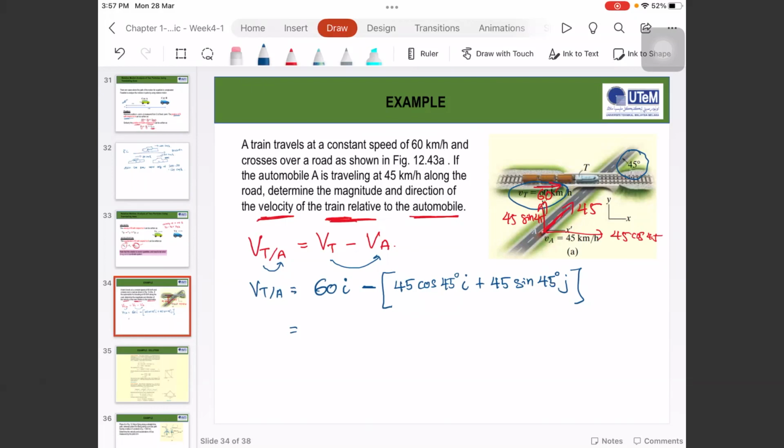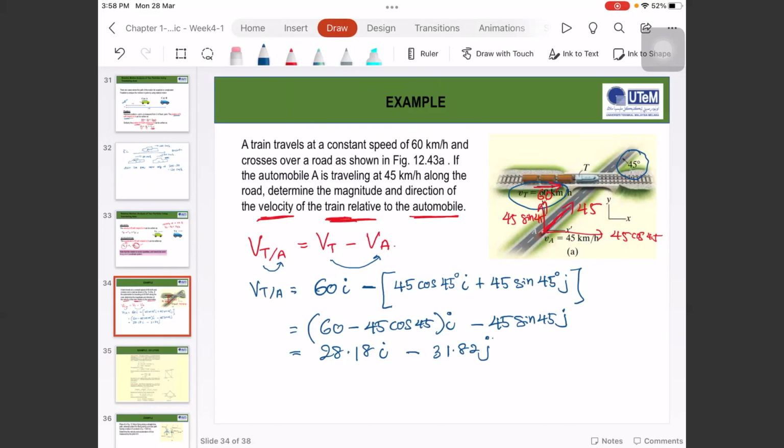So you have 60 minus 45 cos 45 I minus 45 sin 45 J. So 60 tolak 45 cos 45, 28.18 I minus 45 sin 45, 31.82 J. Okay. Determine the magnitude and directions.